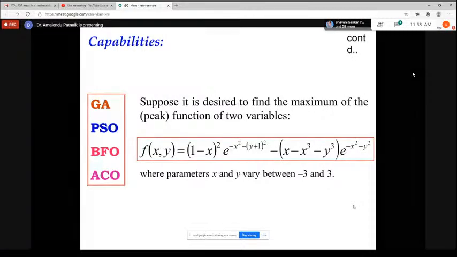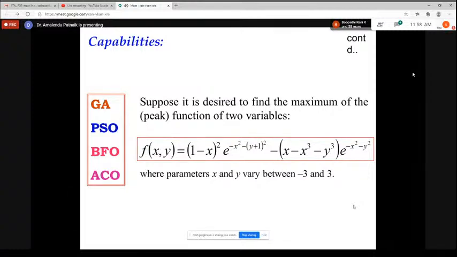So now broadly we have classified all the meta-heuristics into two categories. One category can be used for solving function mapping type problems and classification problems. Another set of meta-heuristics can be used for solving optimization problems. Those are basically optimizers, right?